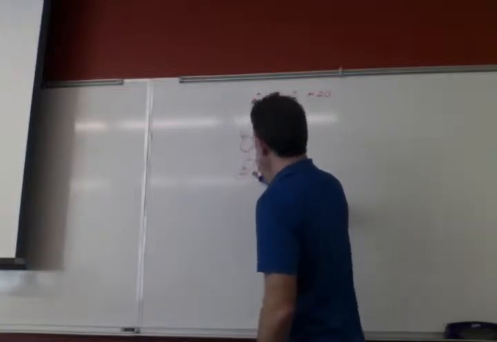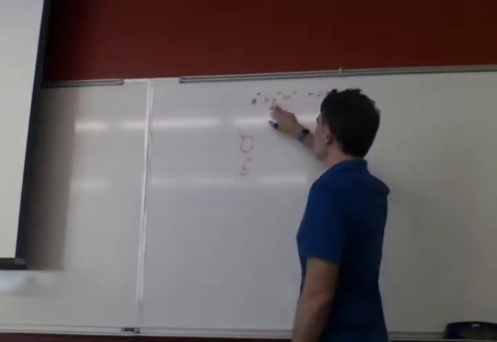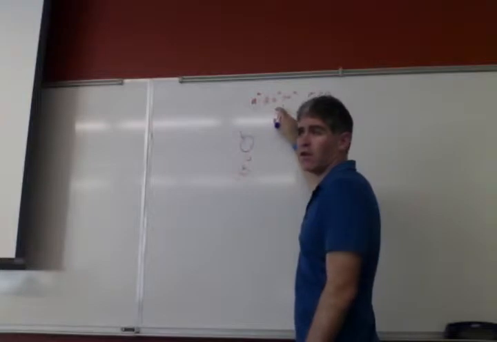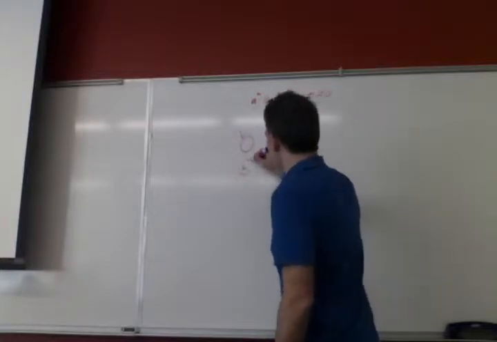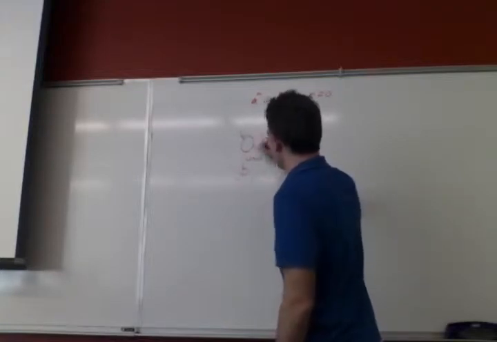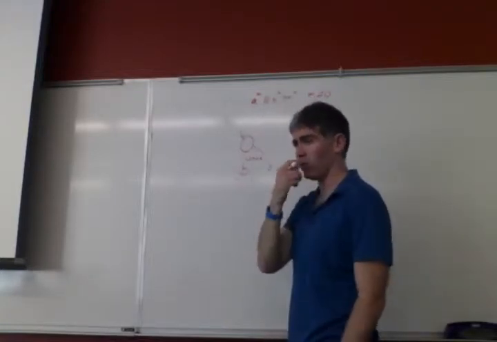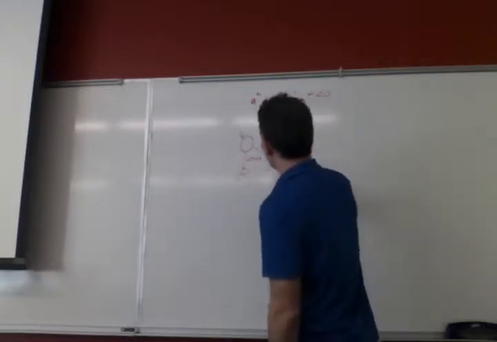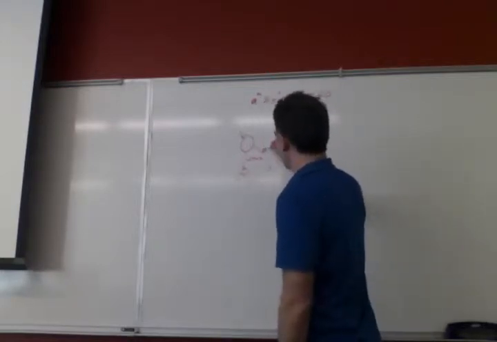Another option we could have is if M is equal to 0, we could have 2 hashtags in a row. In that case, space goes to space, right? Hashtag goes to hashtag, and that goes right.